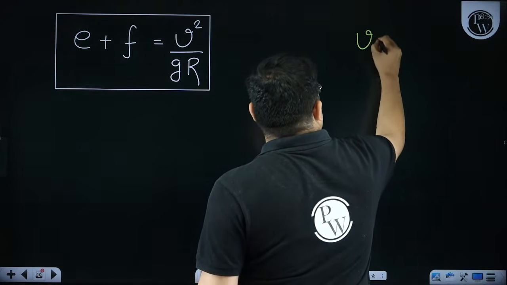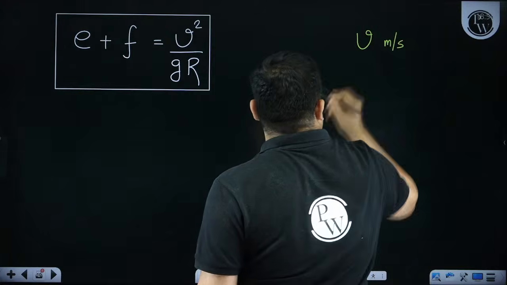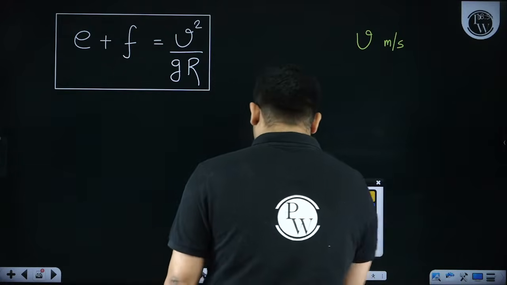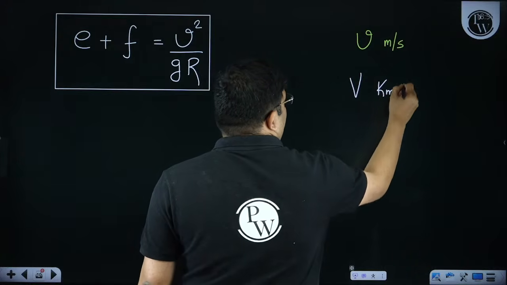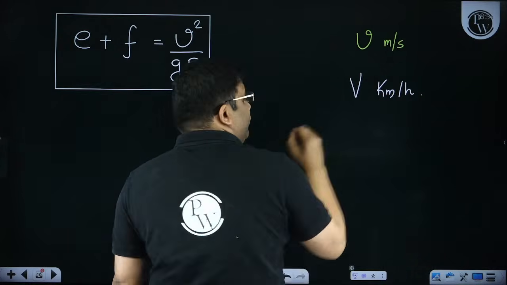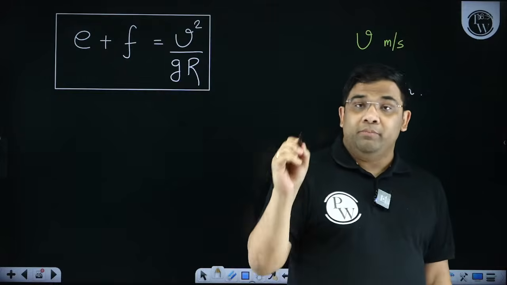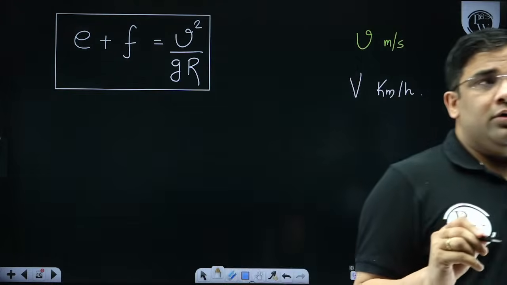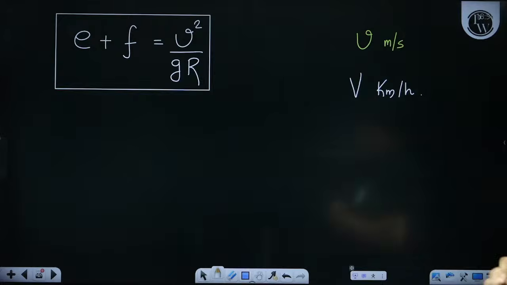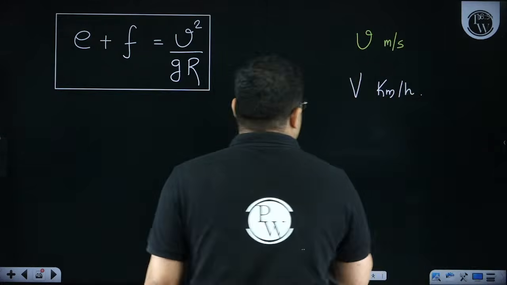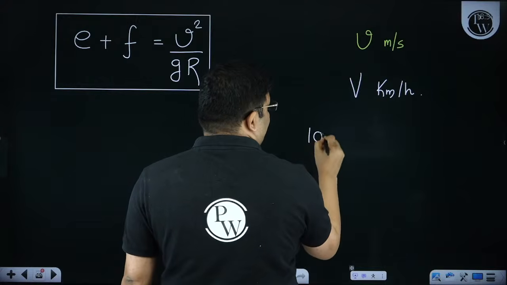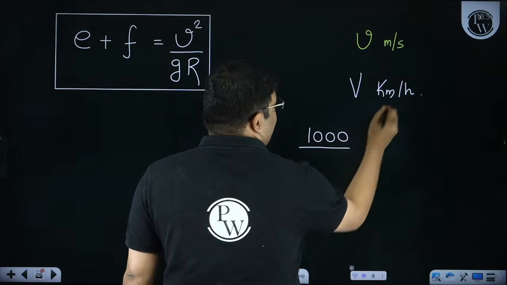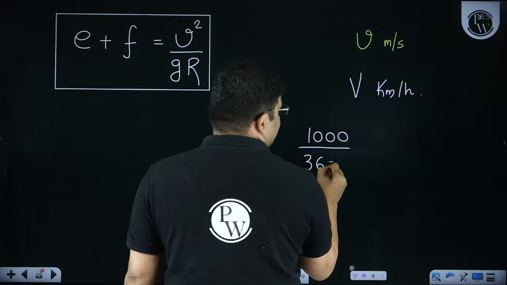This V is in meter per second. Now suppose I have the speed capital V in kilometer per hour. We know that to convert kilometer per hour to meter per second, we multiply by 5 by 18. Why 5 by 18? Because 1 kilometer is 1000 meter, 1 hour is 3600 seconds.